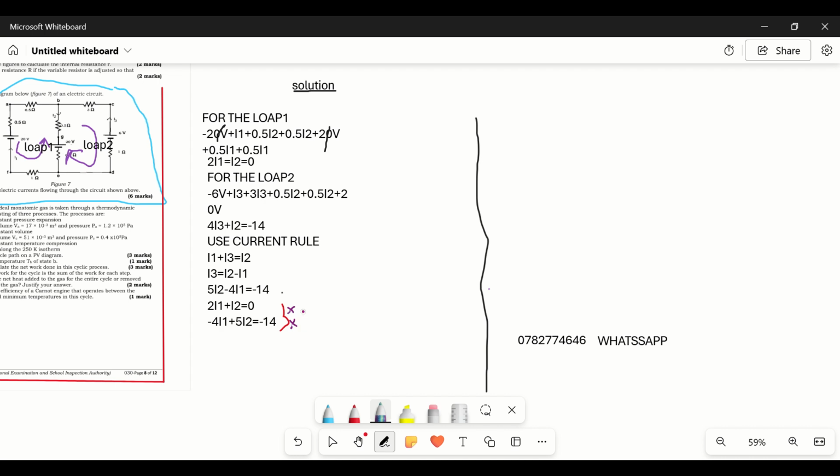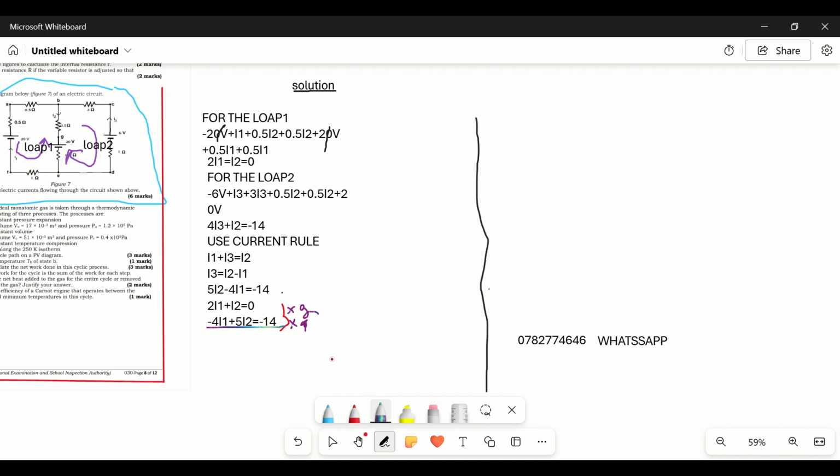So here we can multiply by 2, and here also multiply by 1. After getting this multiplied, we can also add the equations.